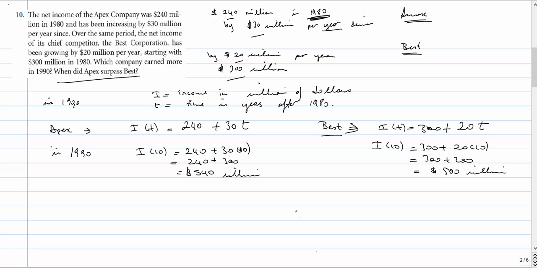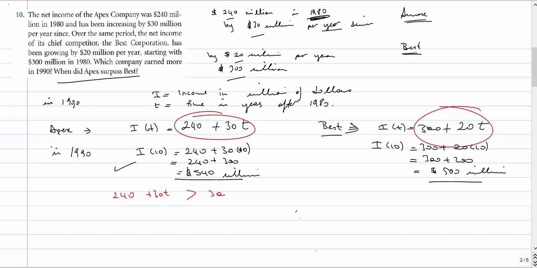So Apex surpassed Best, correct? When did it surpass Best? It will be when the Apex equation surpassed Best.